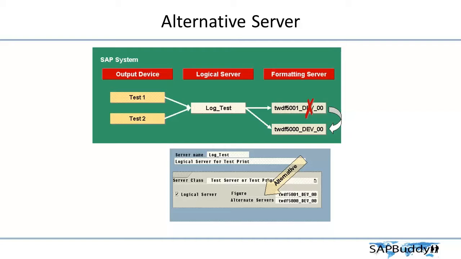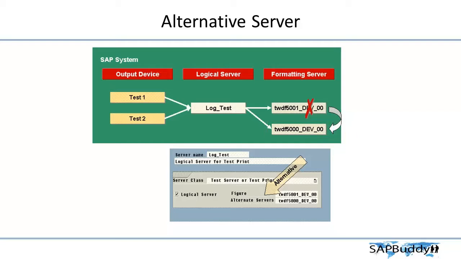In the alternate server, you can specify another instance. If this particular instance fails, for some reason you shut it down or some problem, the logical server will automatically switch all these output devices to the second server, the alternate server. So the availability of the print server is always possible, that is the alternate server.